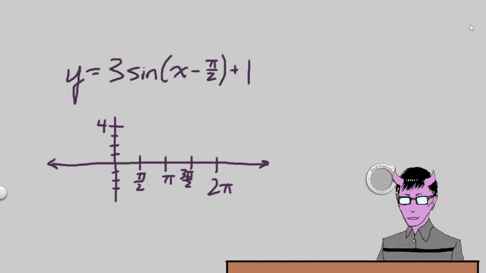Alright. So let's start off by graphing the parental function, just sine of x. I guess we should consider the amplitude. When I graph this prior to shifting to the left or right or shifting upwards, I do like to take into consideration the amplitude change.